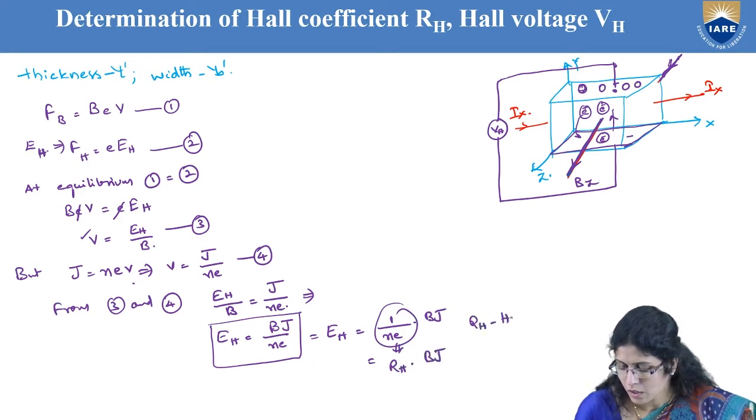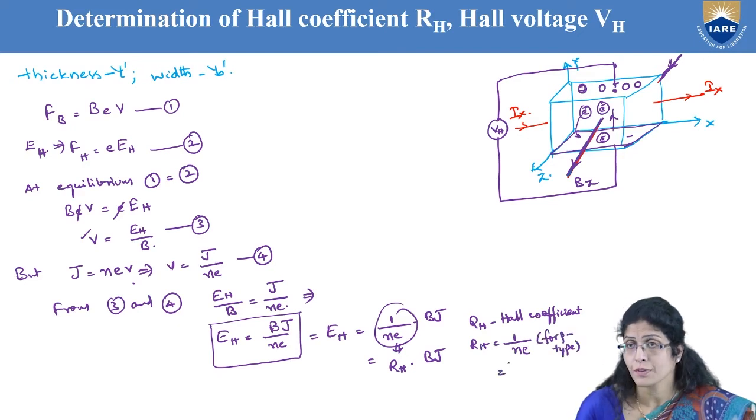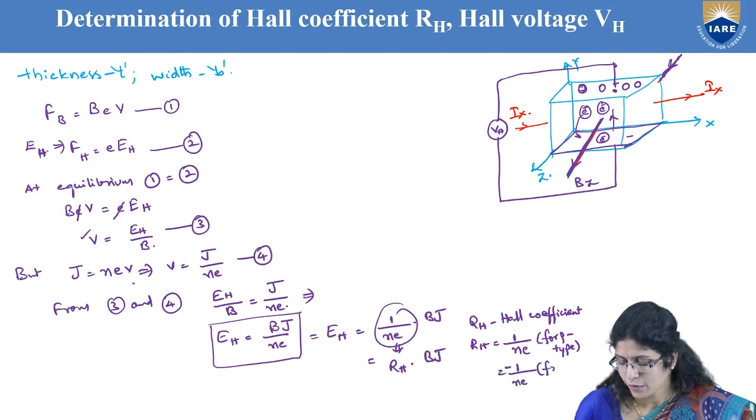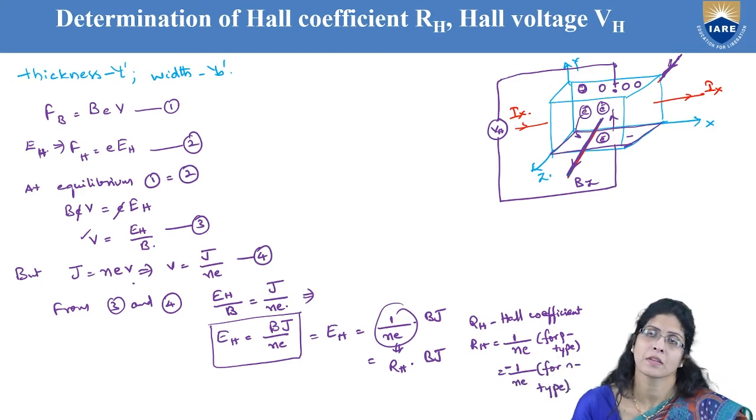the Hall coefficient, and this RH is equal to plus 1 by Ne for P type because of the holes, and minus 1 by Ne for N type because of the majority charge carriers, which are the electrons.